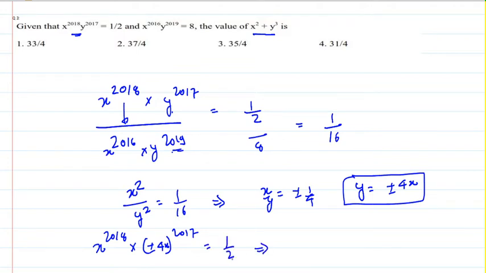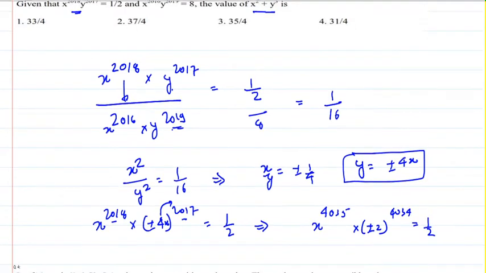If I rearrange that, please observe, this is basically 2 square. When it goes in the upper part, it will become twice of this power. So I will have x to the power, see, power of x will be added. I will have 4035 into plus minus 2 to the power 4034 is equal to 1 by 2.